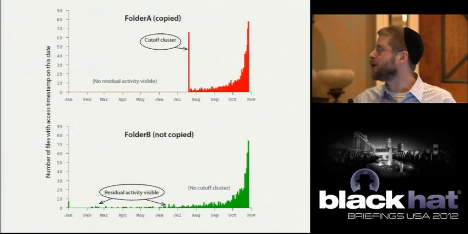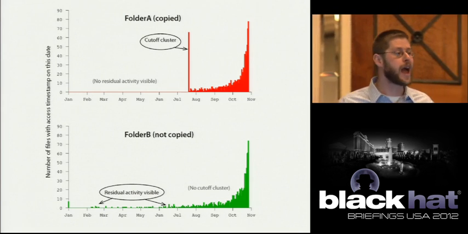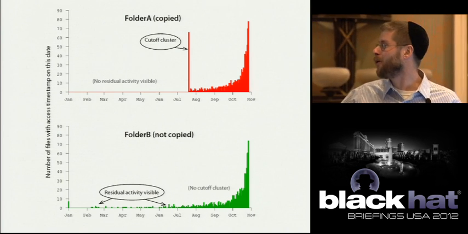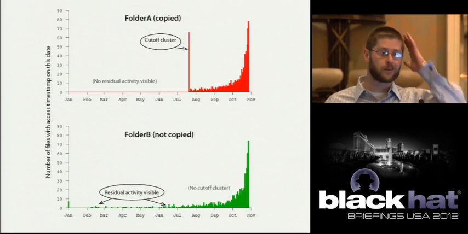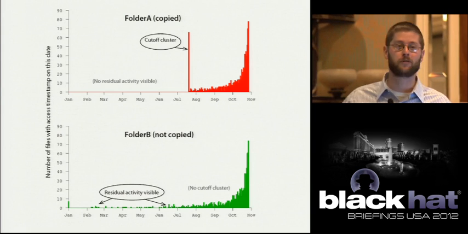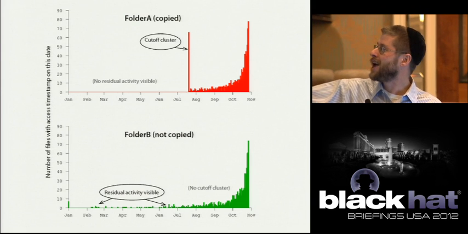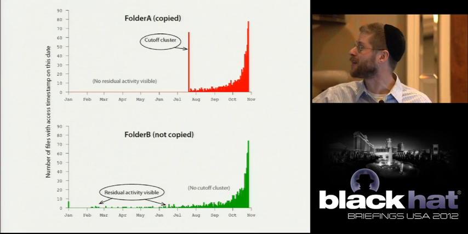And the reason is because on the date of copying, all those files were opened. And again, access timestamps, they go up, but they never go down. And all those unpopular files, which were just collecting dust and haven't been opened for 6 months, on the date of copying, all of those were opened. And we still see, even when we're coming in 100 days later, we still see the results of that.